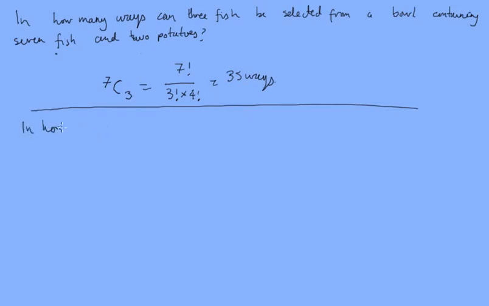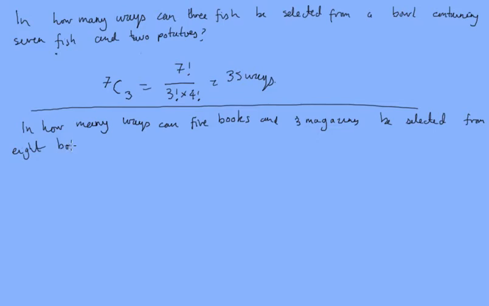In how many ways can 5 books and 3 magazines be selected from 8 books and 6 magazines?